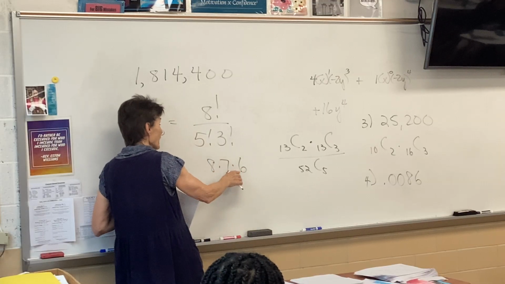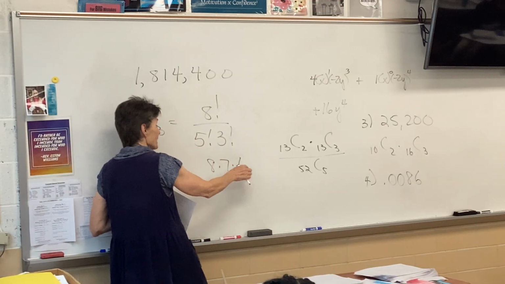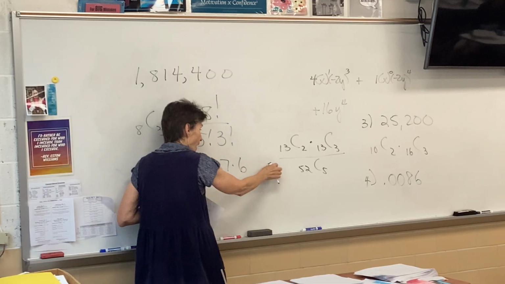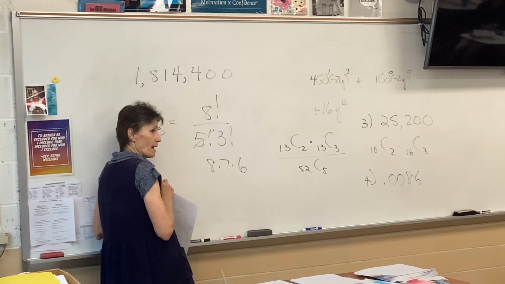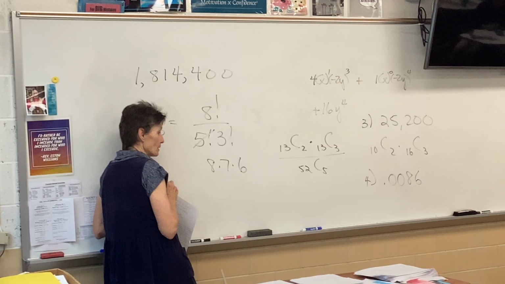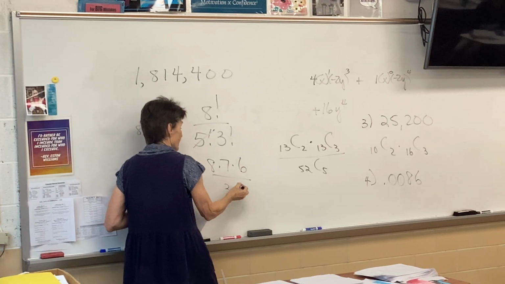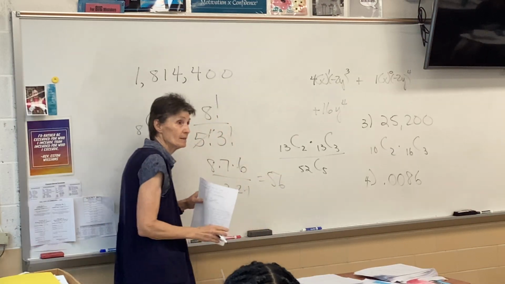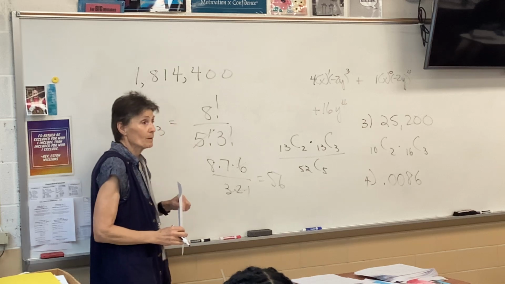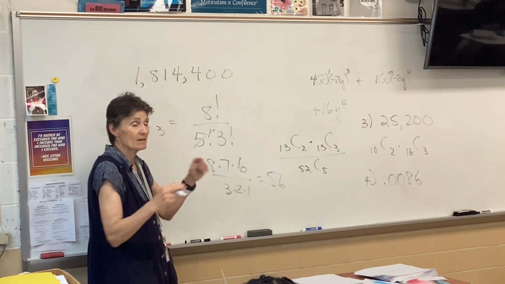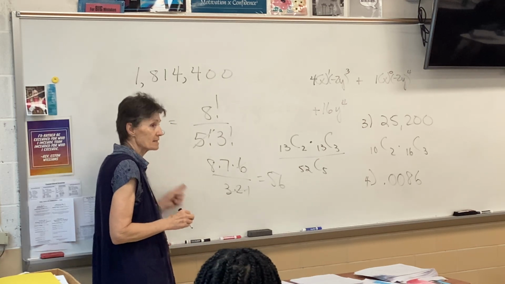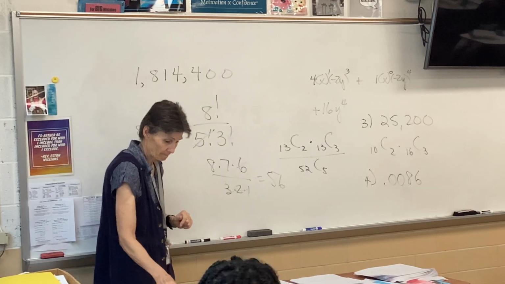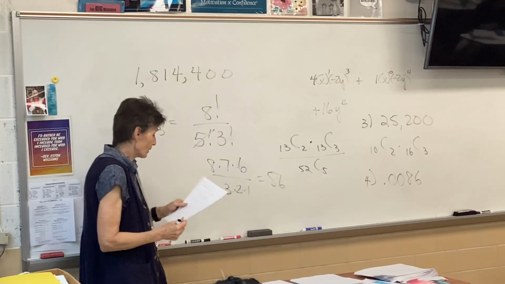Now, it's okay to stop right there, because after 6 is going to come 5, and isn't that just going to cancel all that out of there? But you still have this in the bottom, which is 6. So the answer is 56. But again, 0 points if all this isn't shown, because you put 8 times 7 times 6.